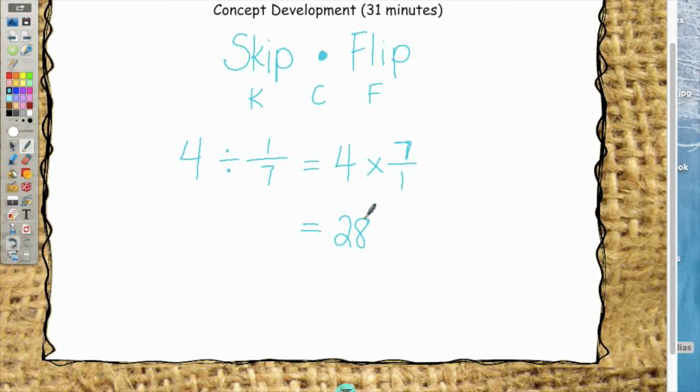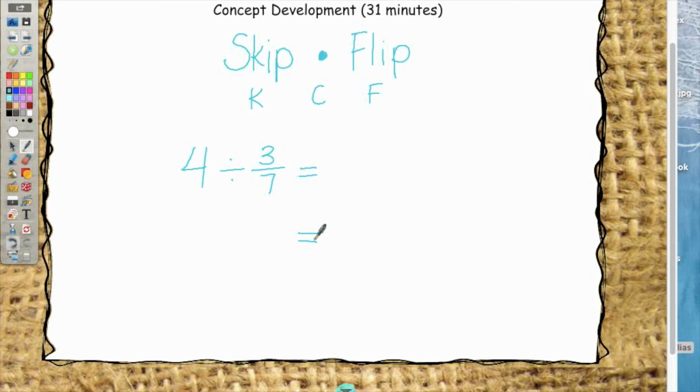Now I'm going to make it harder. That's pretty easy with a unit fraction. A 1 as a numerator. Let's change it to something that's not a 1. So let's do this. Let's do 4 divided by 3/7 equals. And let's use the same strategy. So skip means what, Jocelyn?